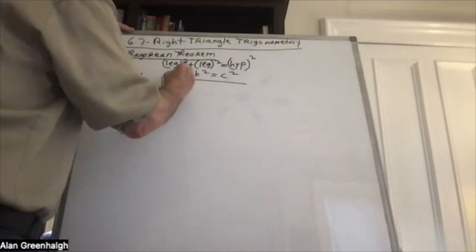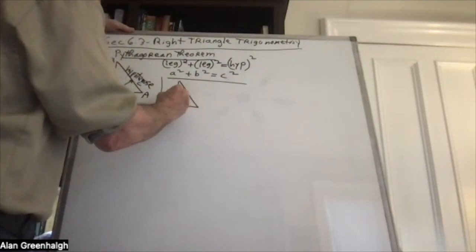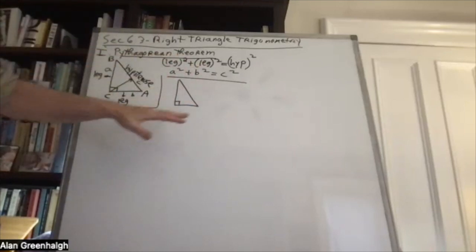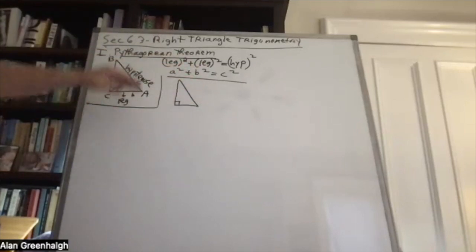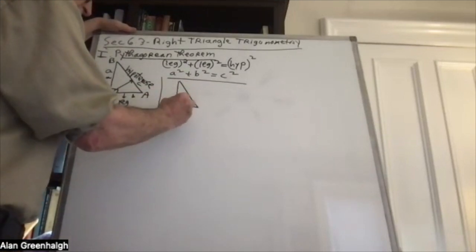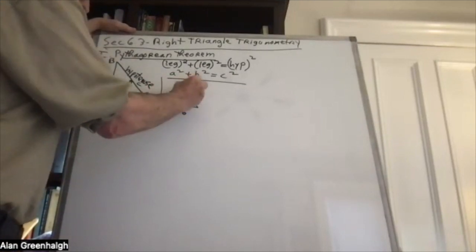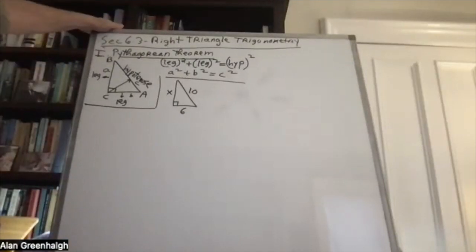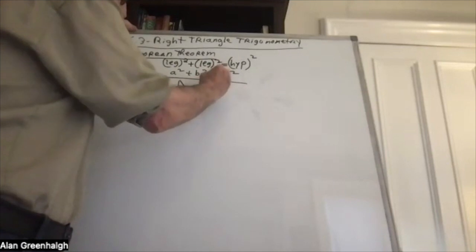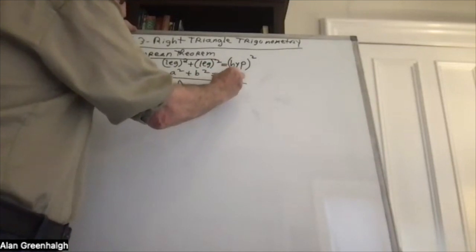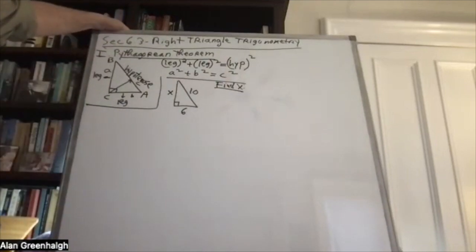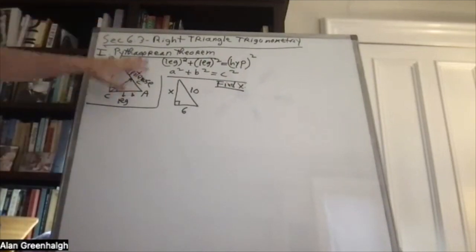So you're going to be given a right triangle. It may not even have the letters indicated, but you'll be given a triangle which looks like this, and you will be told to find x. The way you find x in a right triangle is to use the Pythagorean theorem.